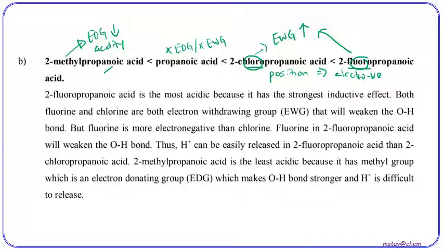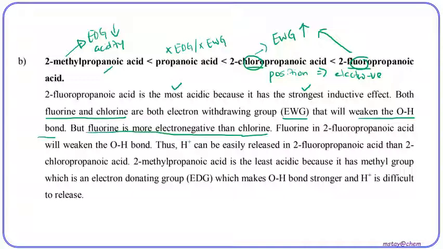Okay, so now let's look at how we're going to do the explanation. 2-fluoropropanoic acid is the most acidic because it has the strongest inductive effect. Here we mention that both fluorine and chlorine are EWG, which will weaken the OH bond. However, fluorine is more electronegative than chlorine.